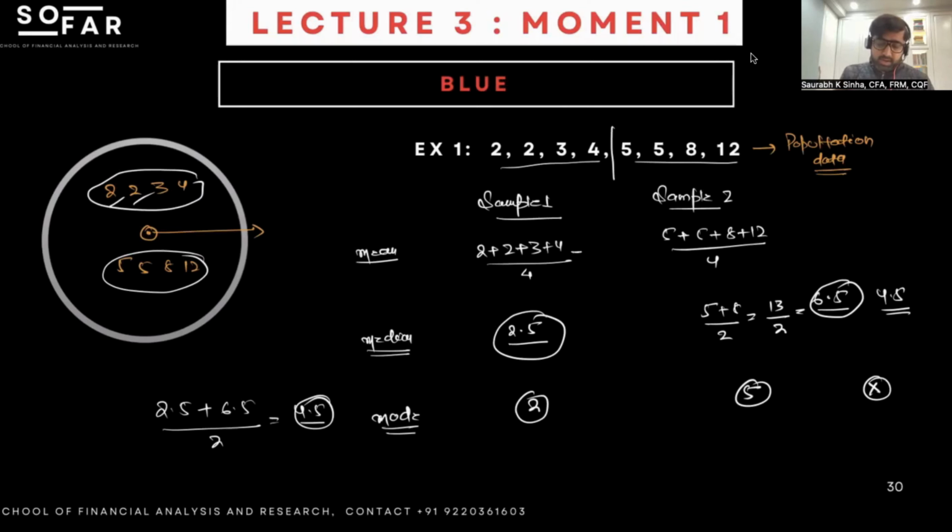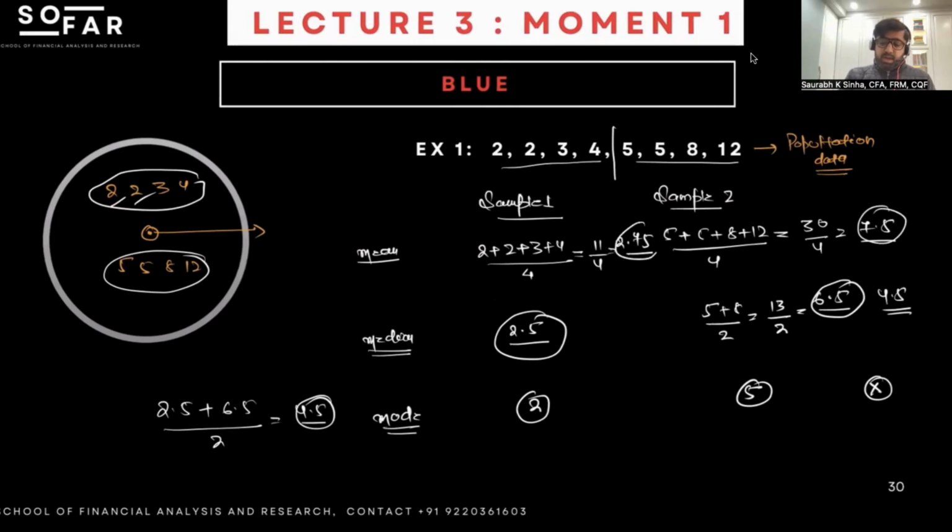So if you take the mean here, which is 11 upon 4, it is 2.75, and 30 upon 4 is equal to 7.5. 7.5 plus 2.75 divided by 2.